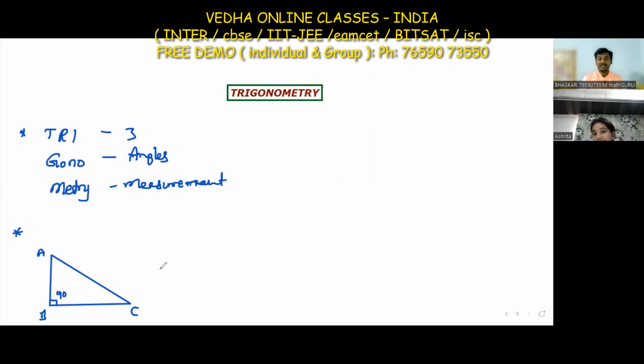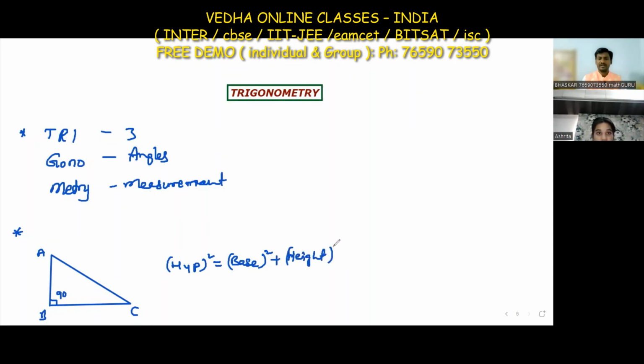What is the Pythagoras theorem? AB square plus BC square is equal to AC square. Hypotenuse square is equal to base square plus height square.